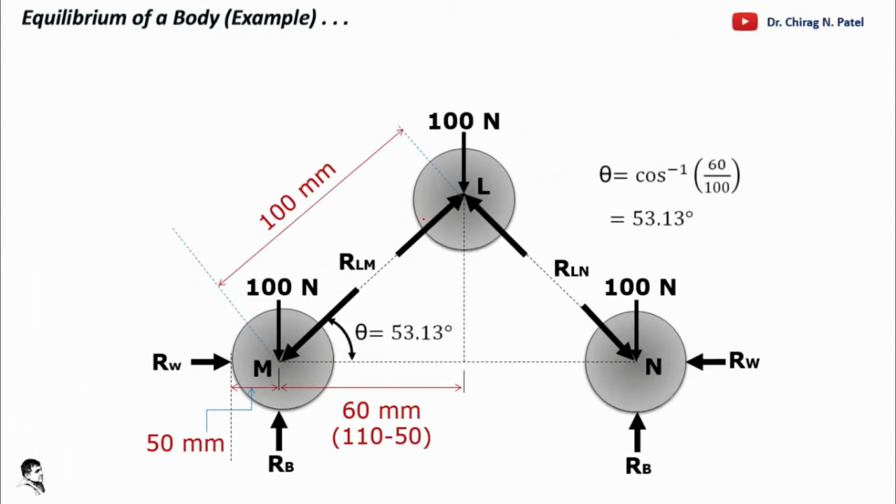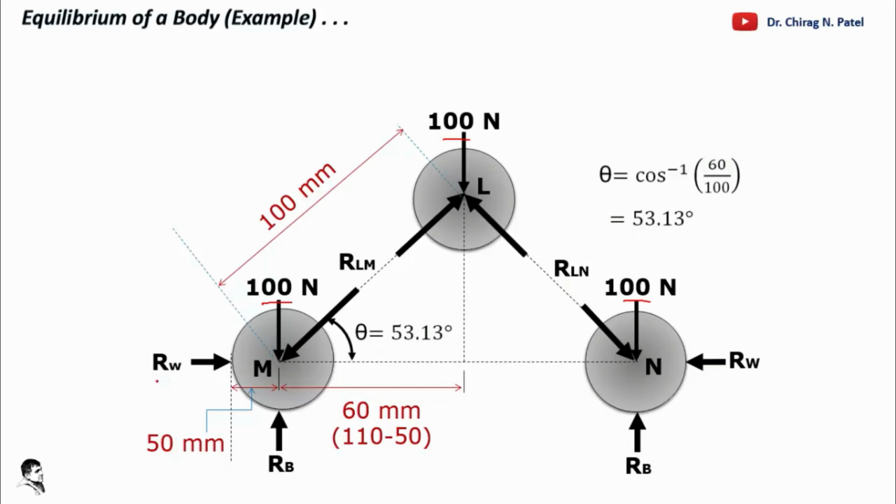Now after that we take a complete pattern of these three, and 60 is the dimension here, 100 is the weight of each sphere here.